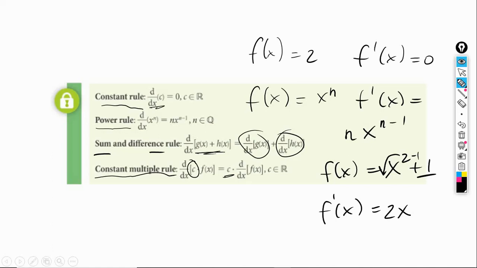What would be an example of the constant multiple rule? Let's suppose we have f of x is equal to 3x to the 3.